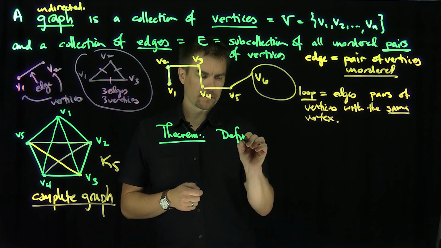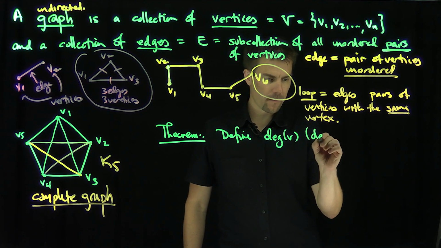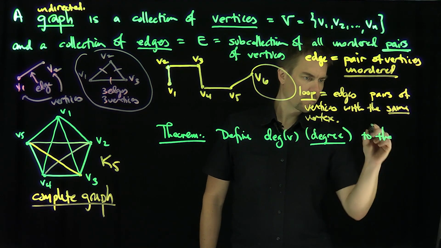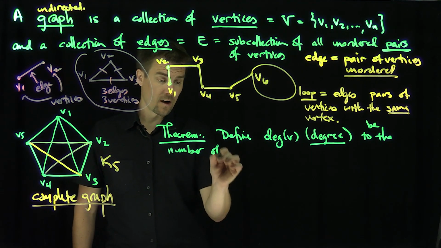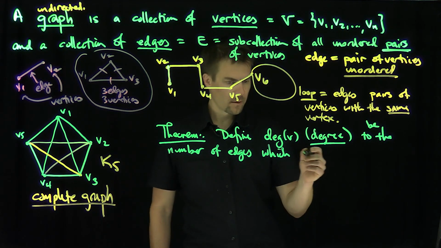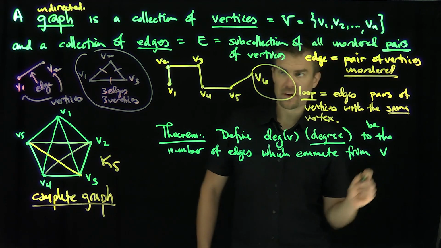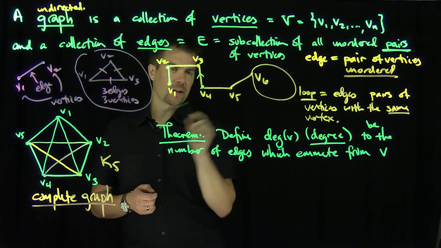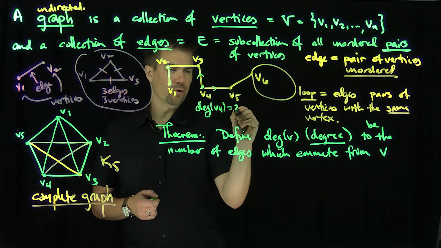And that says to define the degree of a vertex, this is called the degree, to be the number of edges which emanate from V. So if I looked at this V4 over here, and this first graph over here, there's one edge that emanates from it, there's another edge that emanates from it. So the degree of V4 over here, for example, would be equal to 2.